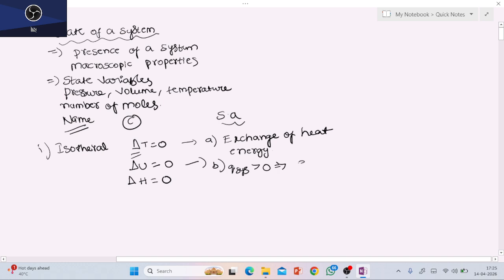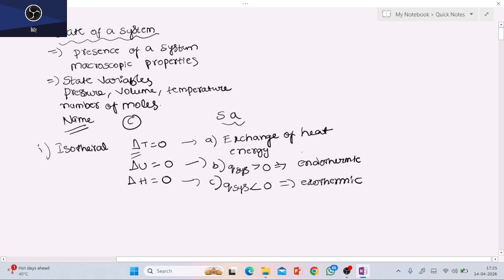This is commonly an endothermic process. If you take delta H, Q system is less than 0, that implies the process is an exothermic process. What is that called? Exothermic process.